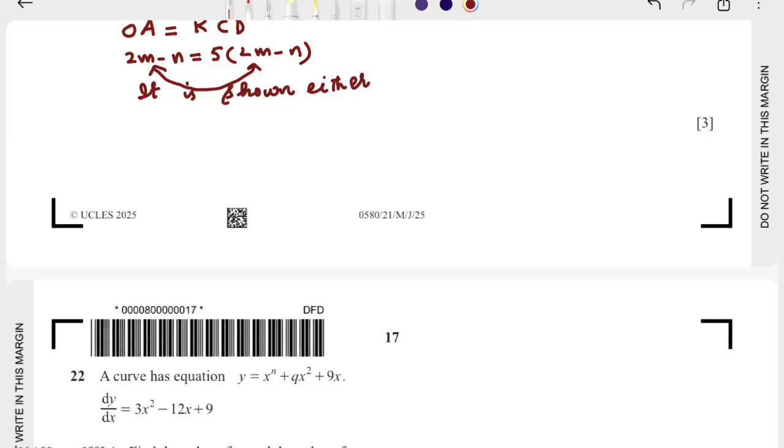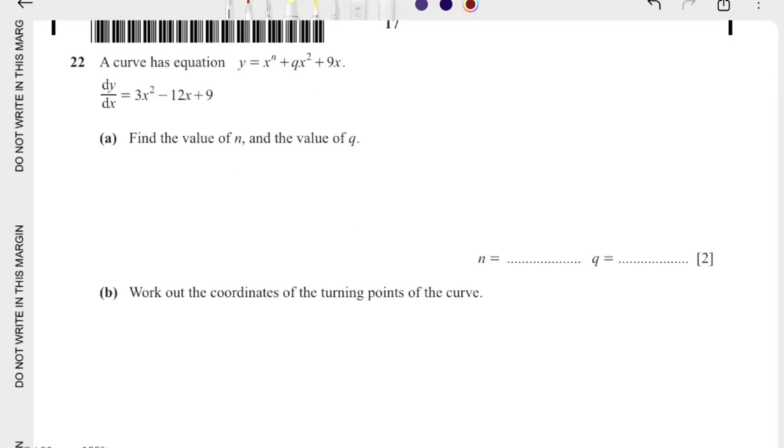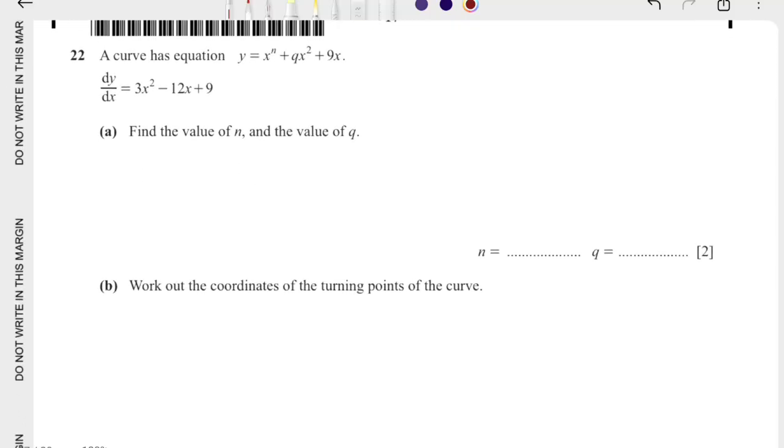Next question. A curve has equation y is equal to x to the n plus qx square plus 9x, and derivative of the equation is equal to 3x square minus 12x plus 9. Find the value of n and the value of q.